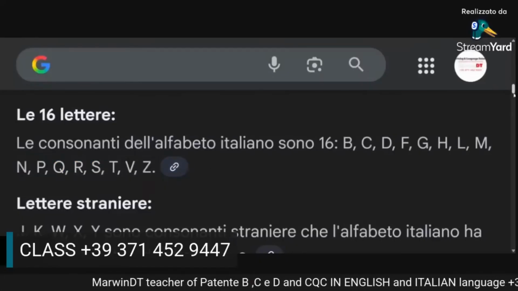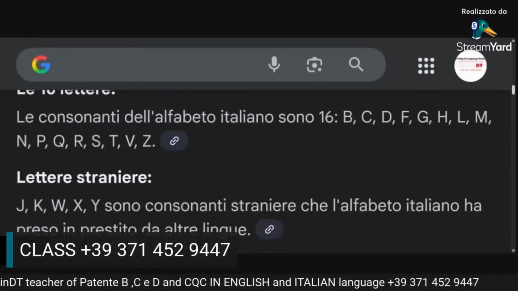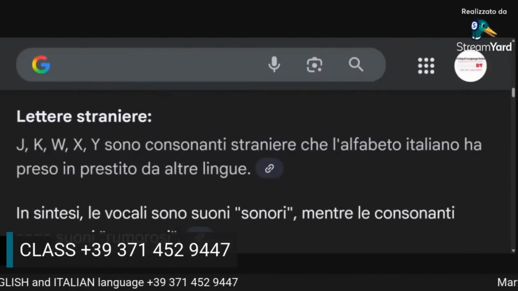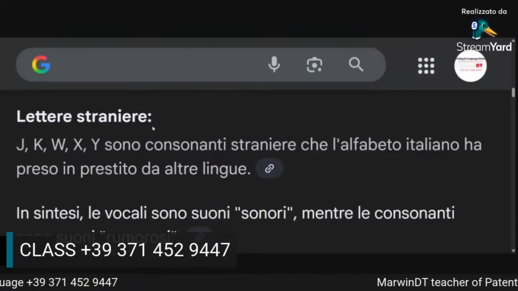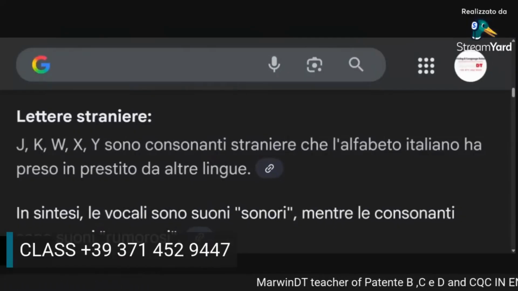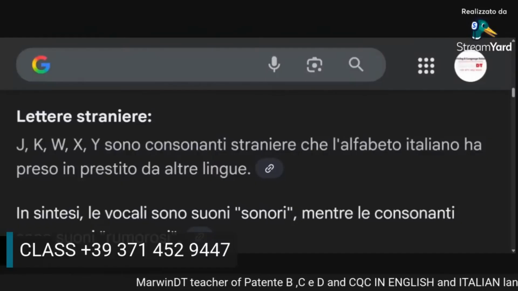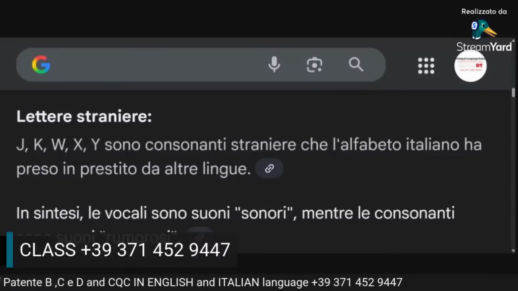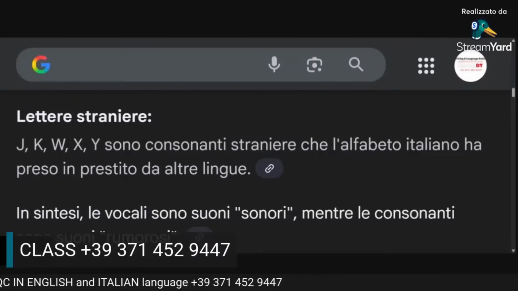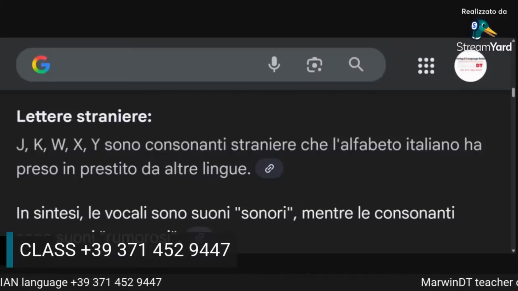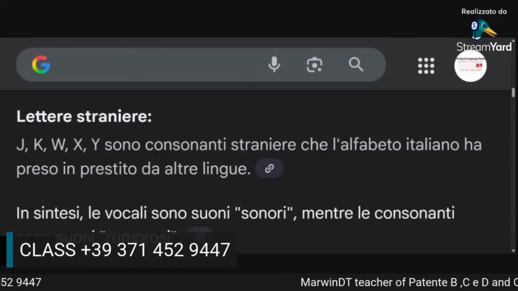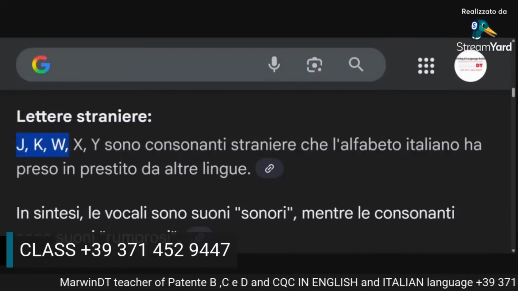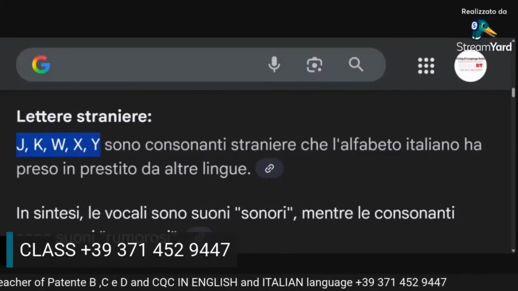Now, on top of the consonant, we have also lettere straniere, which are strange letters, which are considered as consonanti straniere in the Italian alphabet that derive from other languages, which are J, K, W, X, and Epsilon.